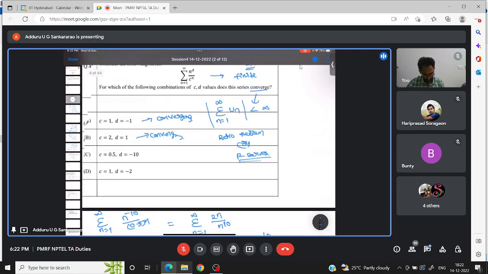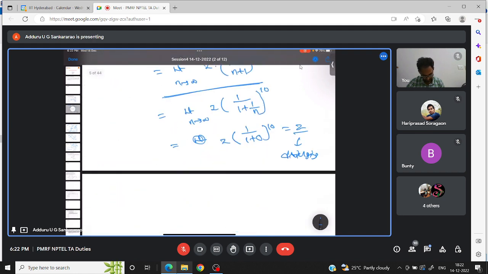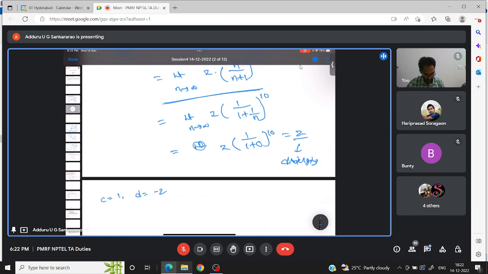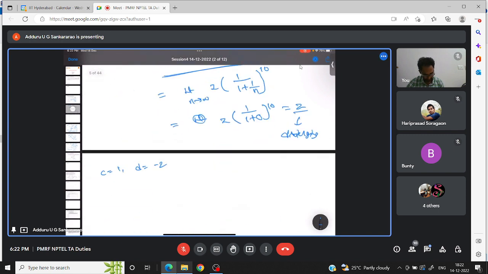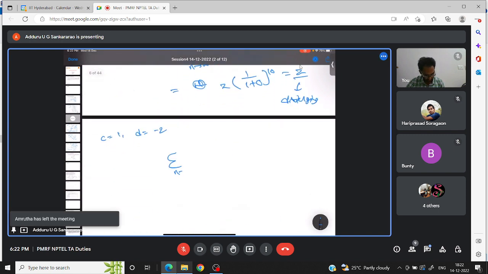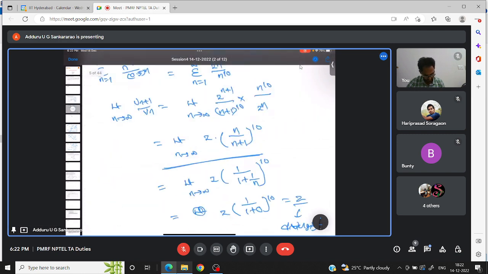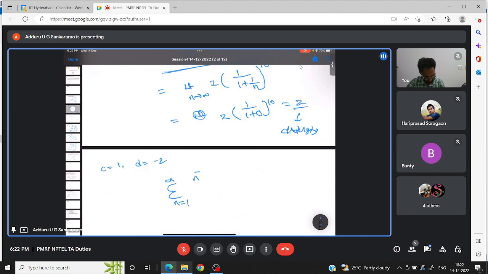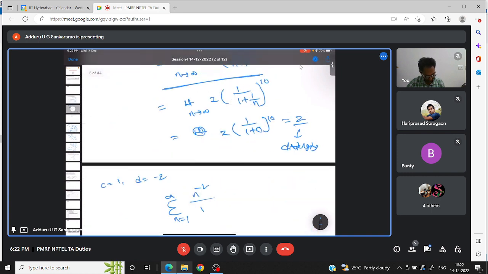So the fourth one, if you see, c equal to 1, d equal to minus 2. So what we get is sigma n equal to 1 to infinity n power minus 2 by c power n.